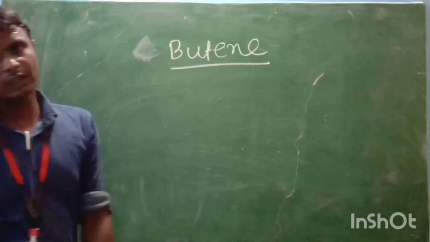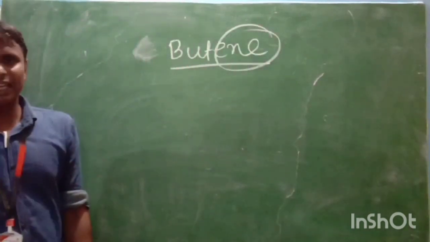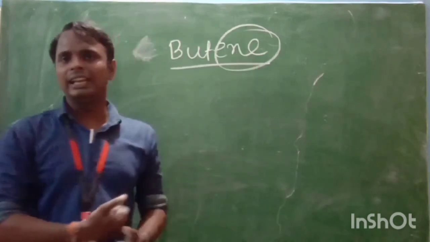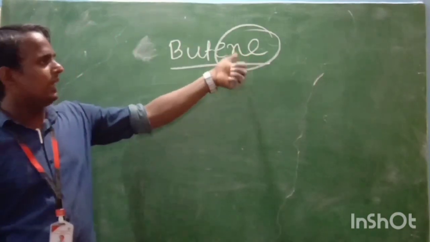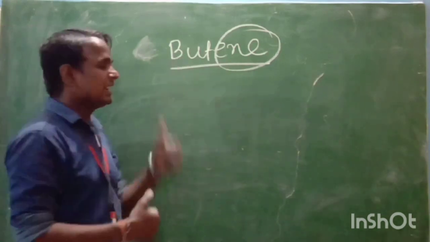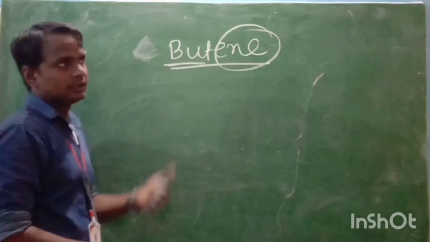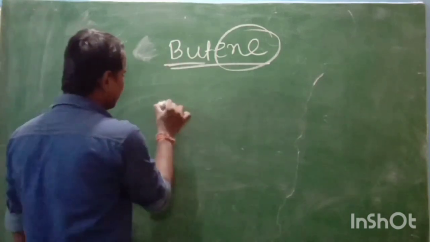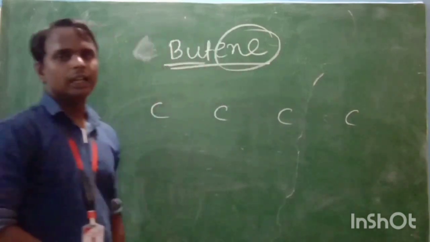Butene. The suffix ene means it's an alkene. Now but means 4 carbons. First we write the 4 carbons, 1, 2, 3, 4.